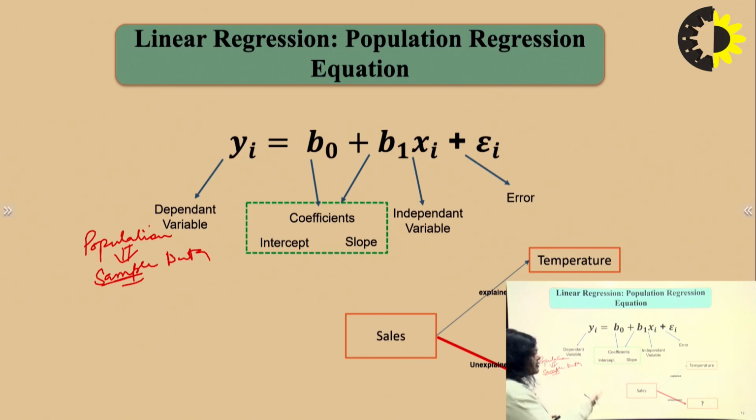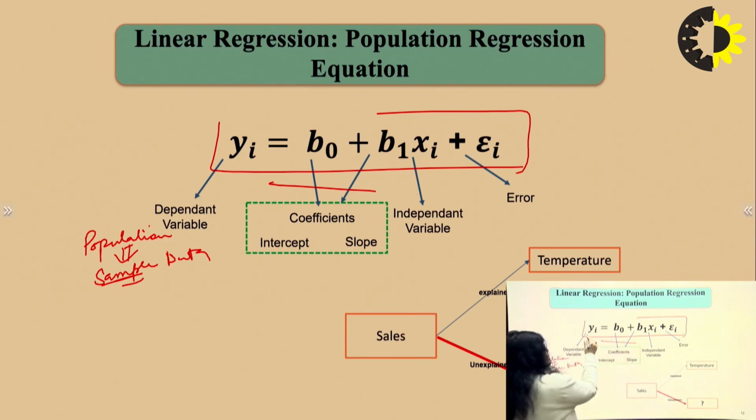With this in mind, we now try to understand what we mean when we say this is the population regression equation, right? The population regression equation is nothing but the equation which represents all of the data of that particular problem domain. This equation is normally represented like this.